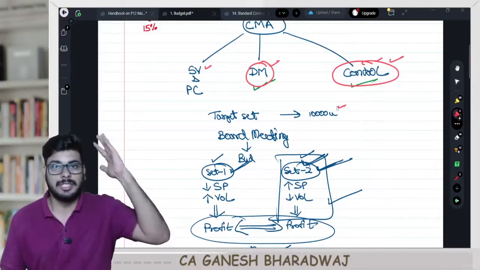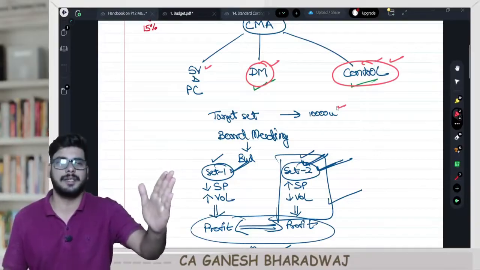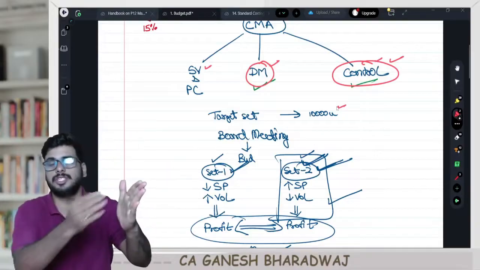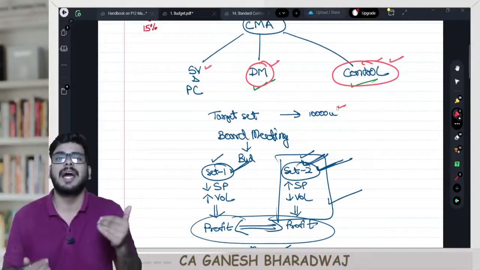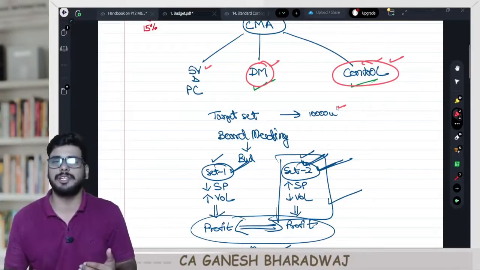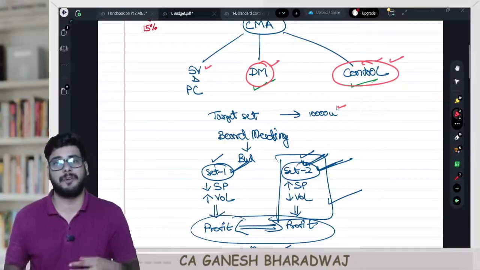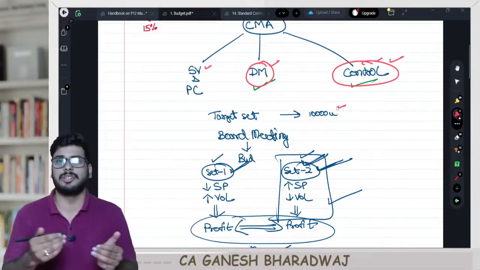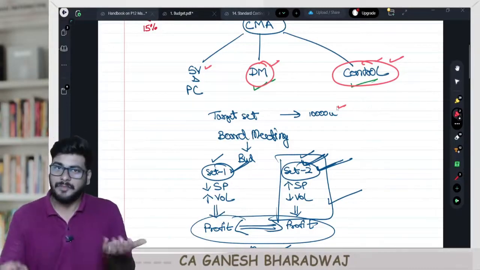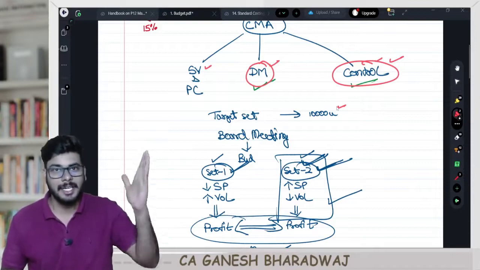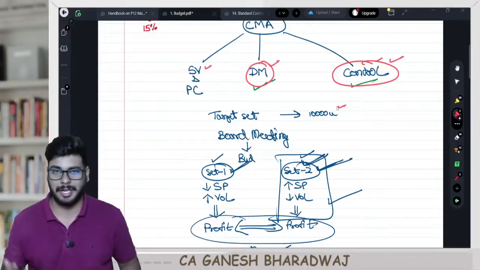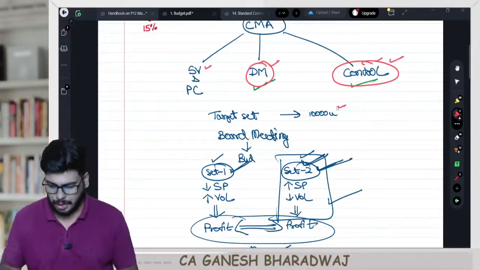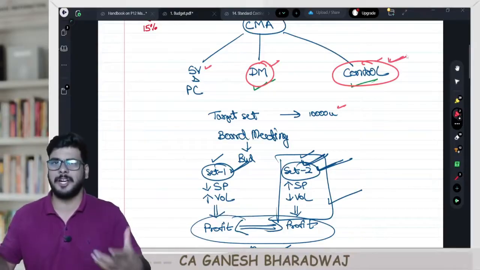Now, this is set as a target. Based on this, the actual performance is compared, and I can punish or reward the employees based on their performance. We just saw in standard costing also adverse or favorable variance. For that, first we need to set a target, right? So how do you set the target? Based on the budgeting data, budgeted data. So clearly budget helps you achieve the objective of control. That is pretty much straightforward.